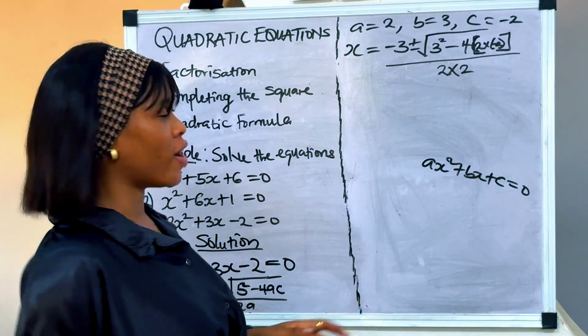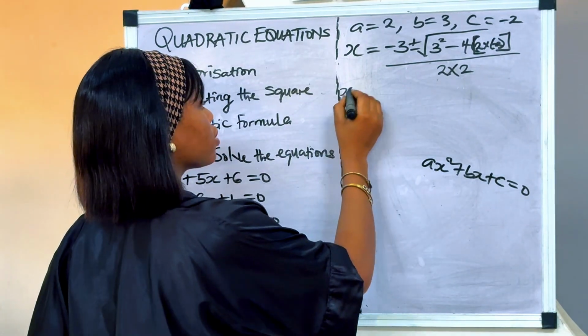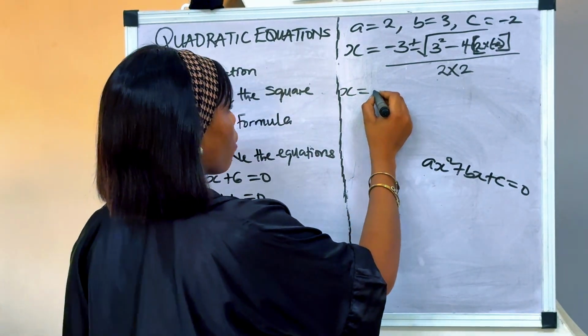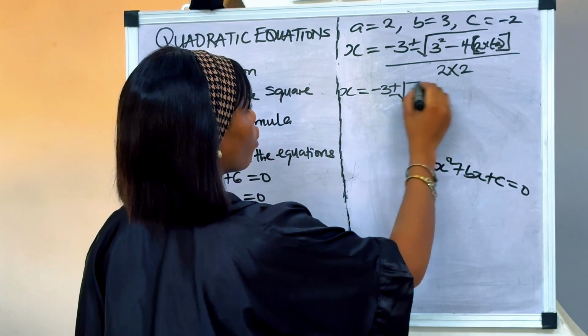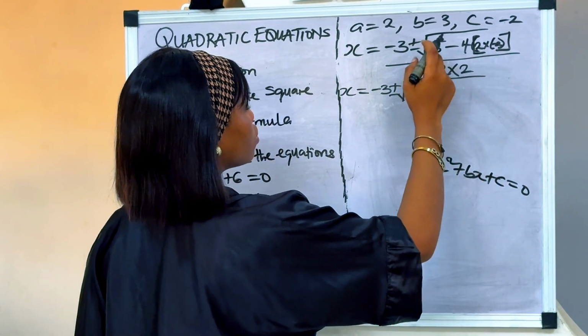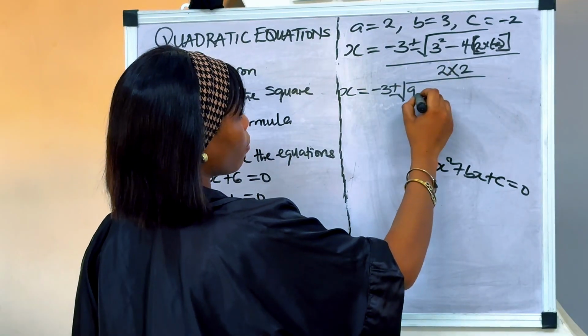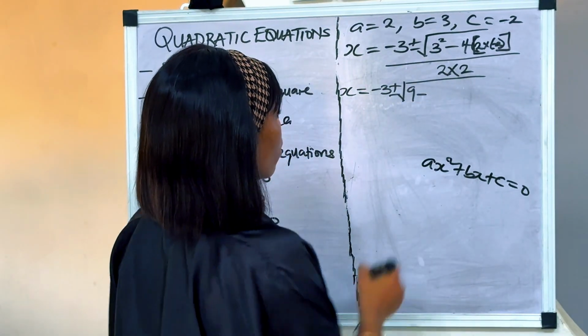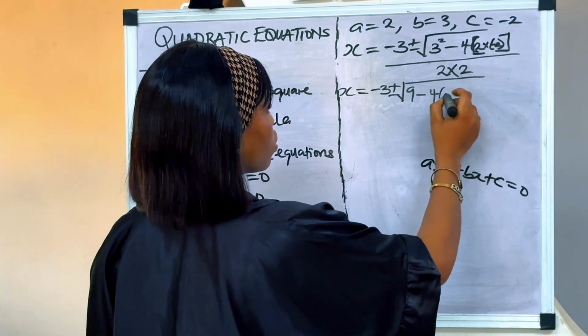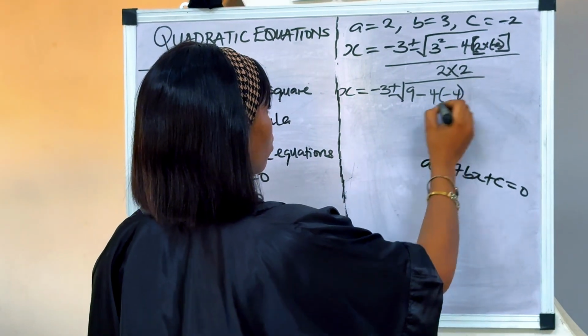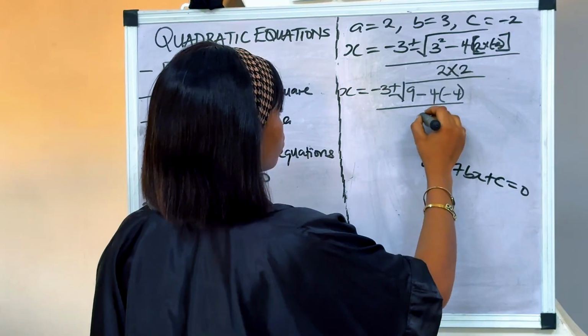That's 2 times 2. And so let's simplify. x is equal to minus 3 plus or minus root of 3 squared, which is 9, minus 4 into bracket 2 times minus 2, which is minus 4, all over 2 times 2, which is 4.